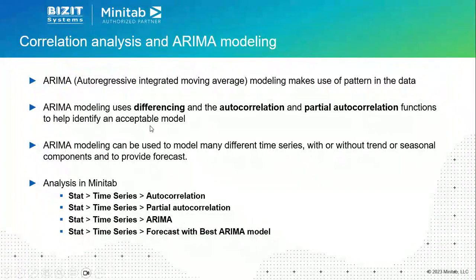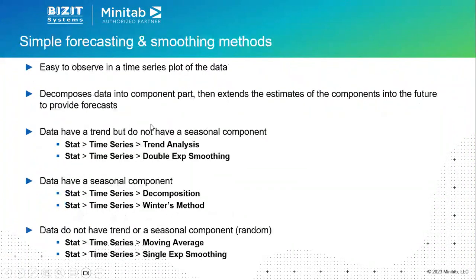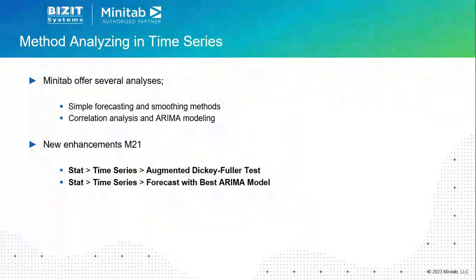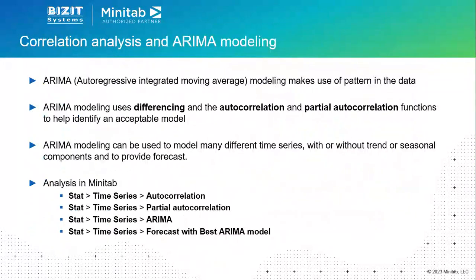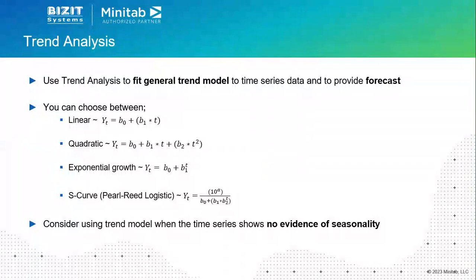So for this case, we basically have two options: a simple forecasting and smoothing method, or you can proceed with the ARIMA model in Minitab statistical software. But today I just focus on the simple forecasting and smoothing method.